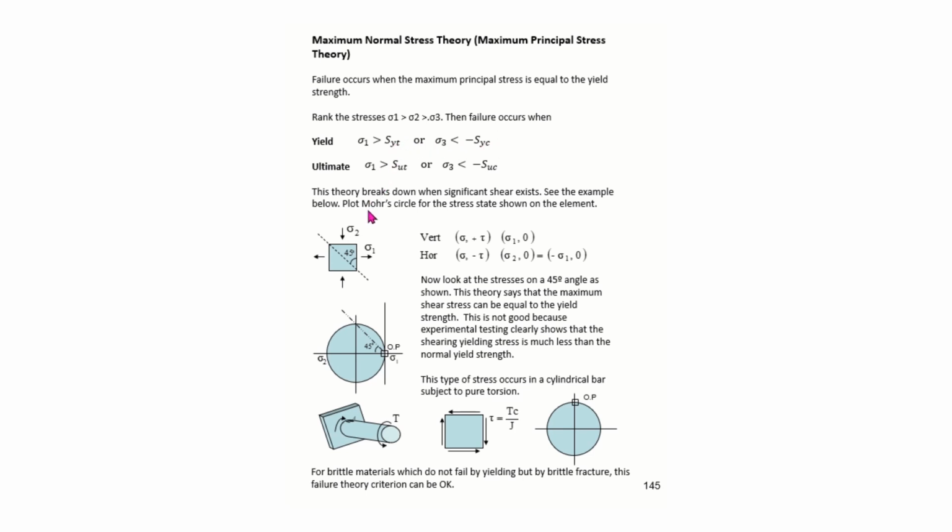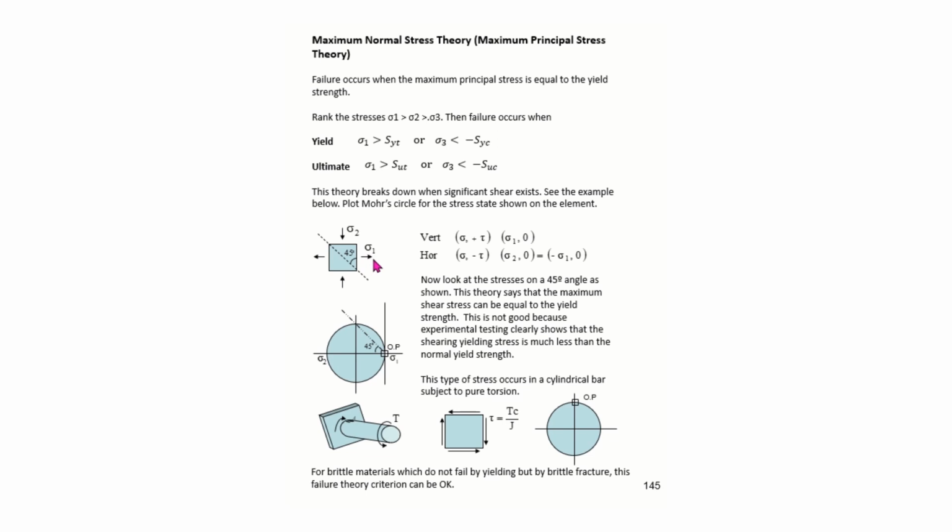Now, it's important to note that this theory breaks down when significant shear exists. So if we look at this example below, we'll plot Mohr's circle for the stress state shown on the element. So here I'm going to have a sigma 1 and a tau, and in this case I have a 0 tau.